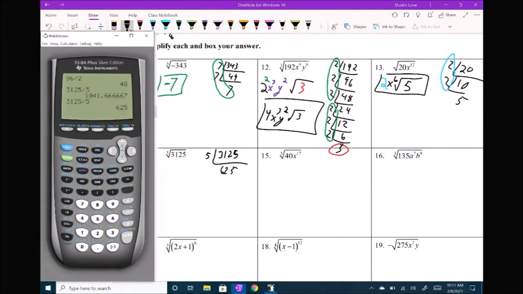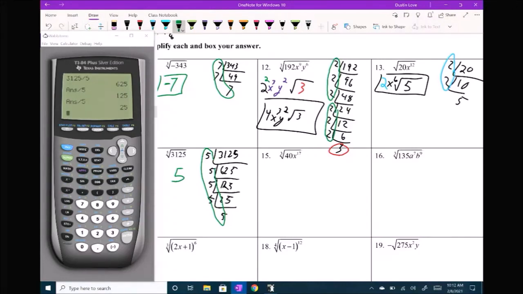Now I know 5 will go into that one again, 125 times. Let's try the 5 again. I know for sure it does. It'll be 25, and then 25 is 5 times 5. Now because the index is 5, I'm doing groups of 5. 1, 2, 3, 4, 5. I've got 5 of them, and so the answer is just going to be 5. Yeah, that's a lot of 5s.